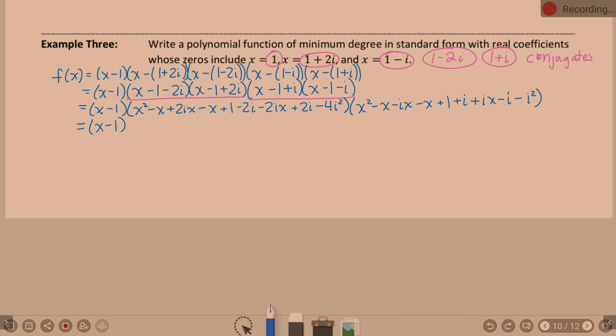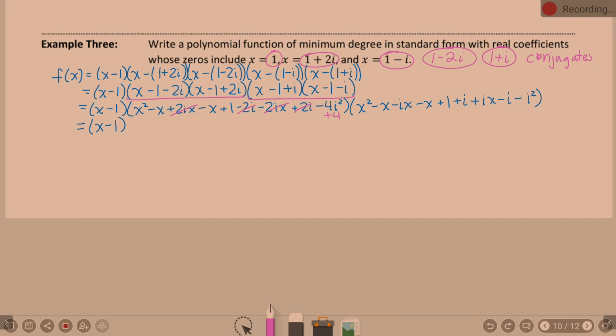Okay, let's check out some fun stuff before I can consolidate this next one. 2ix cancels with minus 2ix. Minus 2i cancels with plus 2i. Minus 4i squared becomes minus 4 times negative 1, which is plus 4.